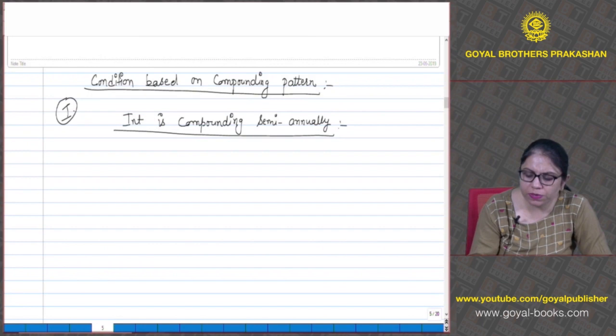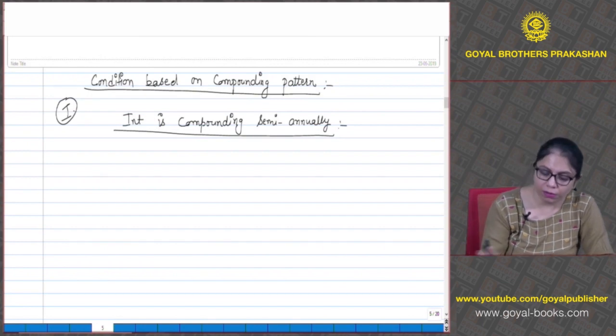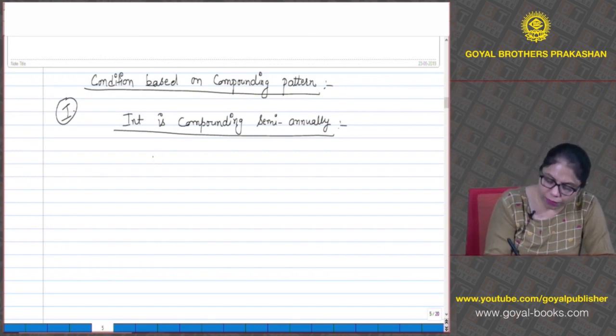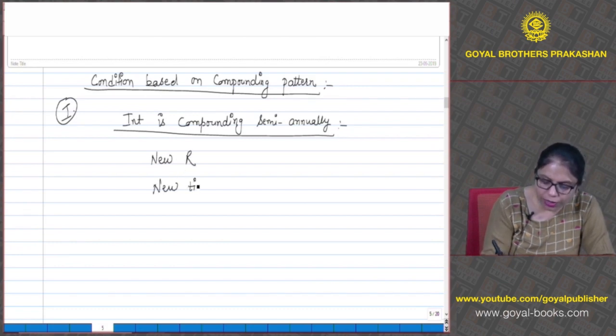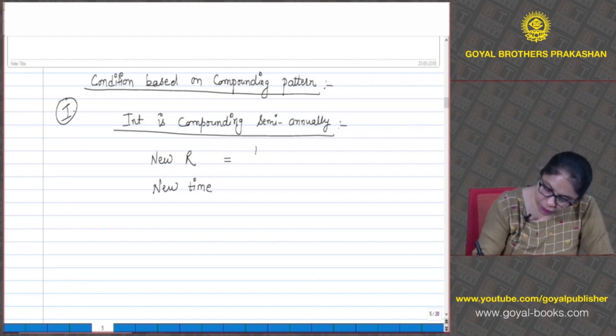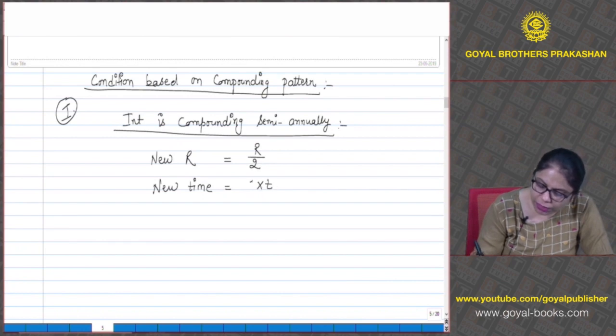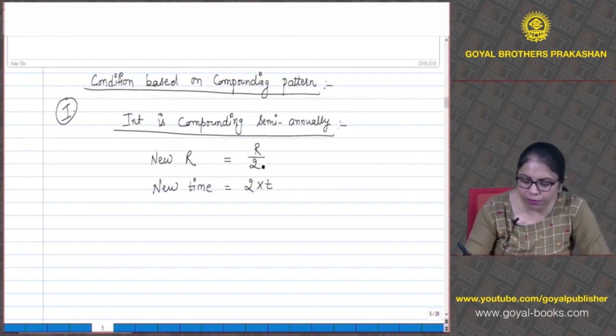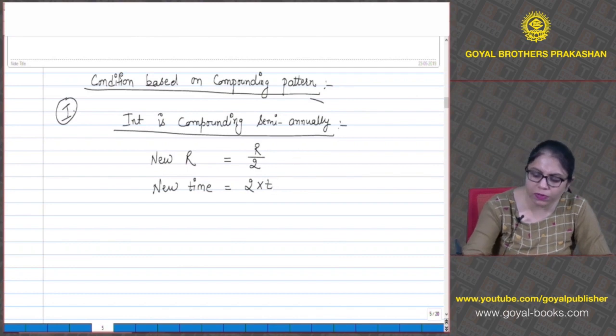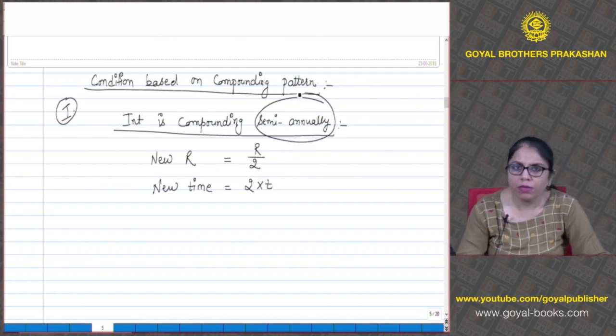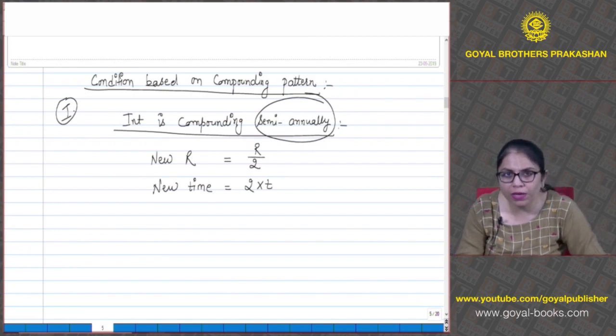So if interest is compounding semi-annually, then what will we do? We will find our new rate and new time. We divide the given rate by 2 and multiply the given time by 2. Why? Because semi-annually means after every 6 months, so we can make two pairs of 6 months: the first from January to June and the second from July to December.